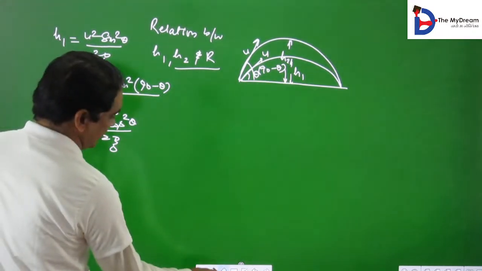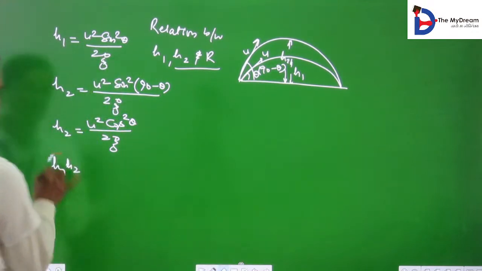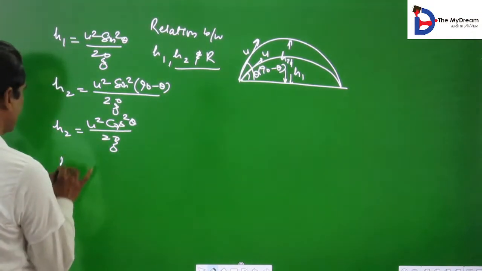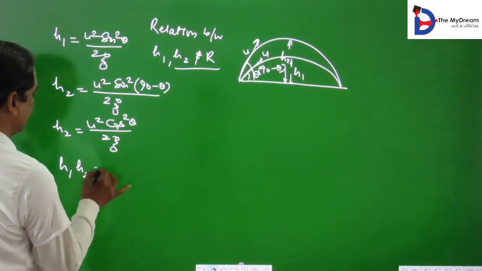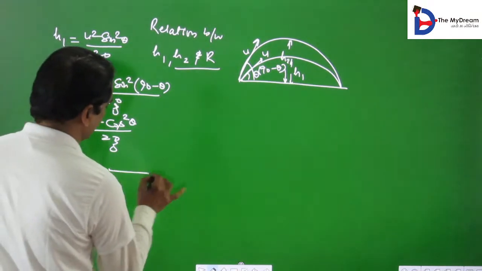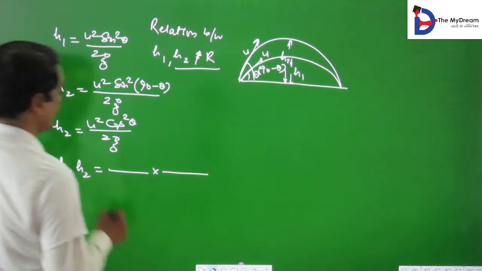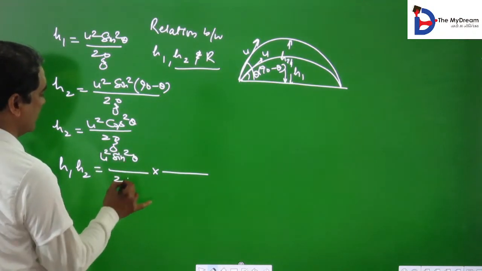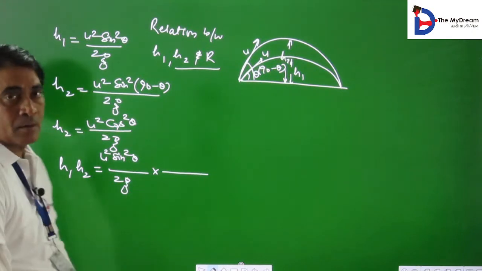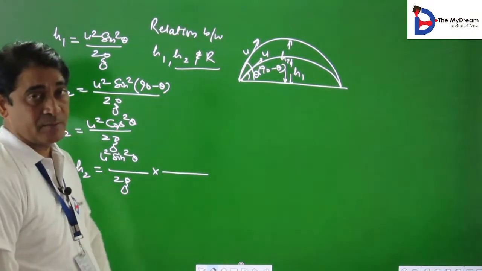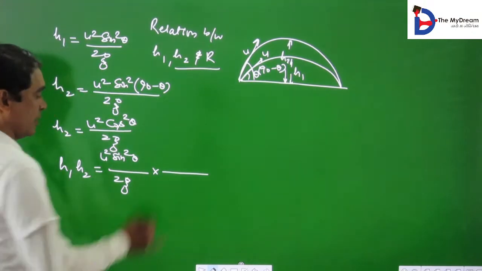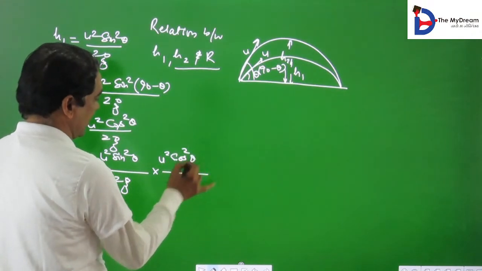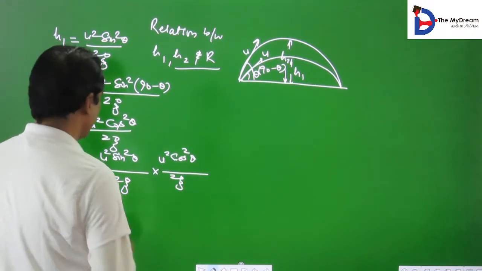h1 into h2 is u square sin square theta by 2g in favor of h1, whereas u square cos square theta by 2g is for h2.